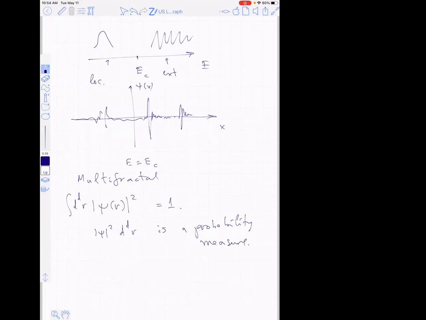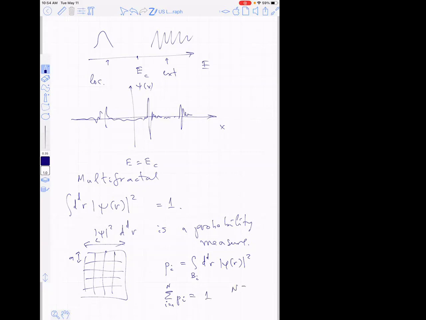So I want to break my system into small boxes of size A, and the system is of size L. And I want to find the probability that the particle sits in a particular box, Bi. All right. So certainly the normalization condition is that the sum of all these probabilities is 1. The number of boxes is simply L over A to the power D.